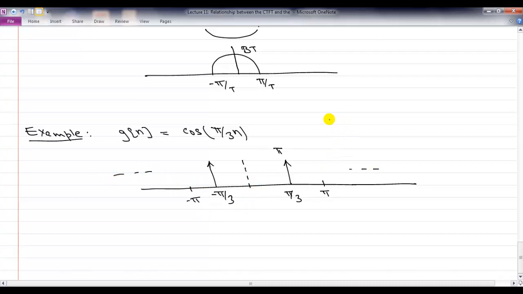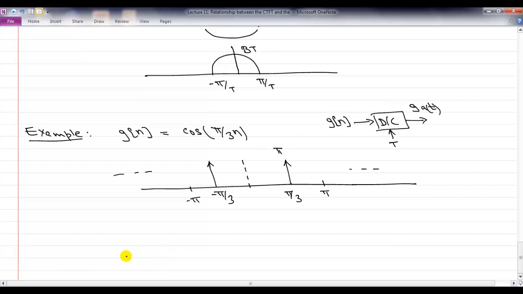And I tell you that you have G[n] and you are going to pass it through this discrete to continuous filter with period T, and you get G_a(t). And I want you to tell me what G_a(t) is, or equivalently what the Fourier transform of G_a(t) is.